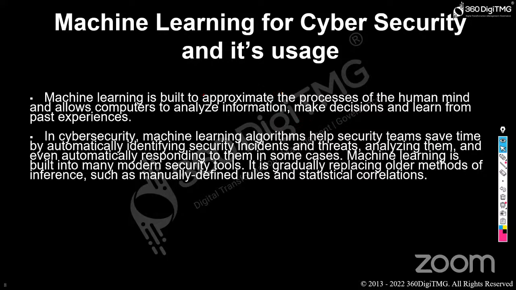Machine learning, guys, is built to approximate the process of the human mind, right? Like, we make a child learn a pattern. Suppose I want to teach a kid about the color red. Initially, for a few days, I will give that child red toffees, red candies, red teddy bears, red toys.